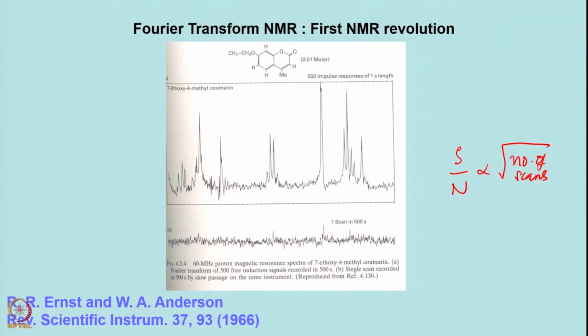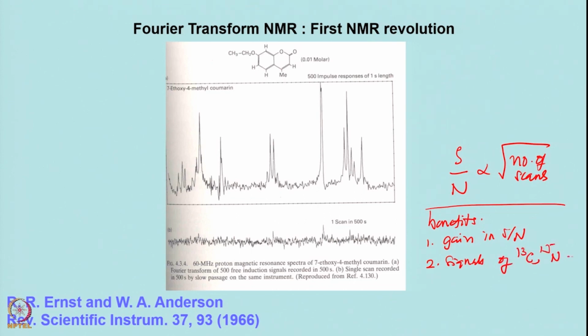The benefits are, so let me write here the benefits. 1, gain in signal to noise. As a result of the gain in signal to noise, you can collect signals of rare nuclei such as C13, N15, etc. can be collected easily. Third, low concentrations can be used.